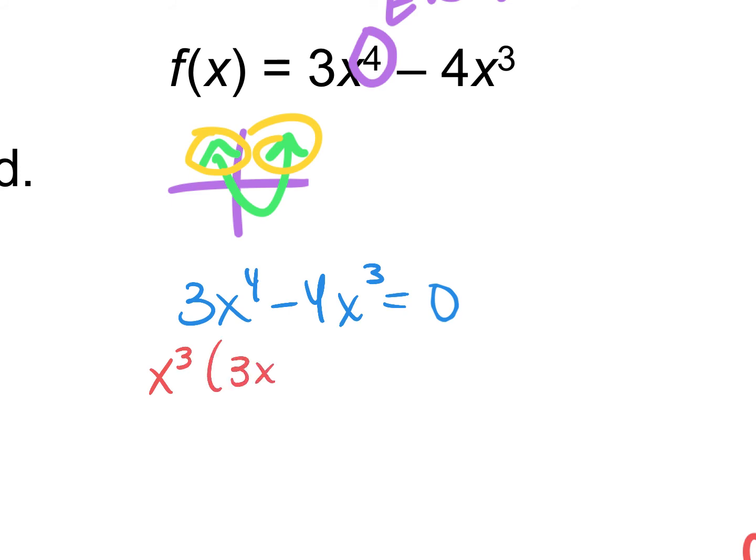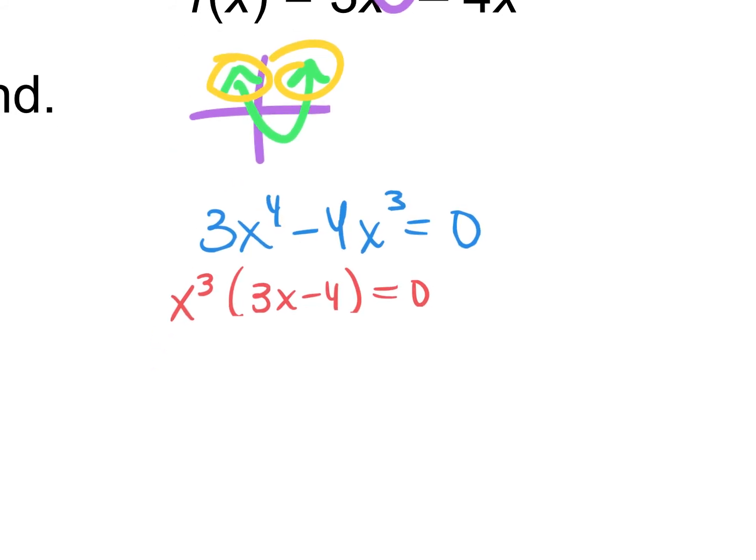And I'm left with 3x minus 4 equals 0. All right, when I solve, I have x cubed equals 0 and 3x minus 4 equals 0. How do I solve x cubed equals 0? Take the cube root. Okay, so the cube root of 0. What number times itself 3 times gives me 0?